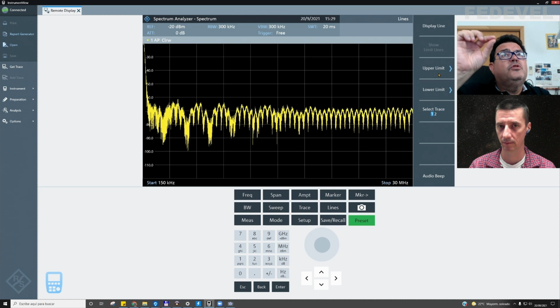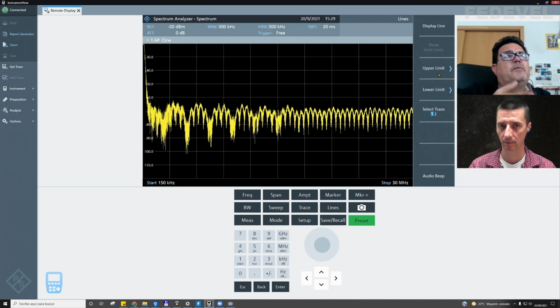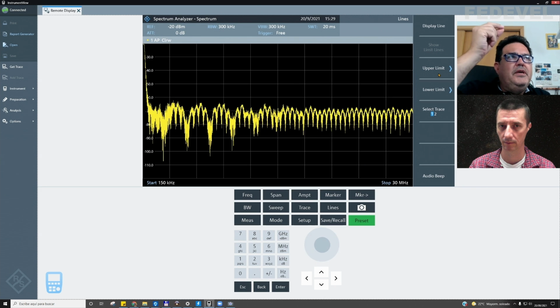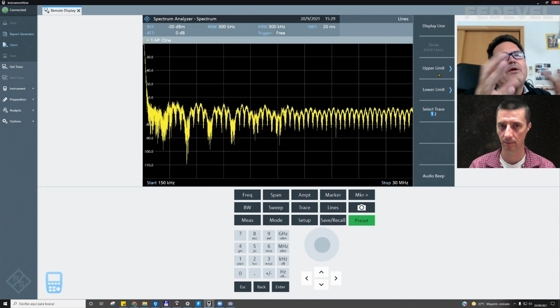That is important. But additionally, you have to control the average of the signal. You can have a noise that is very big in peak but not repetitive, and a noise that is not very big in peak but is repetitive. So with these detectors, the regulations try to control both situations.